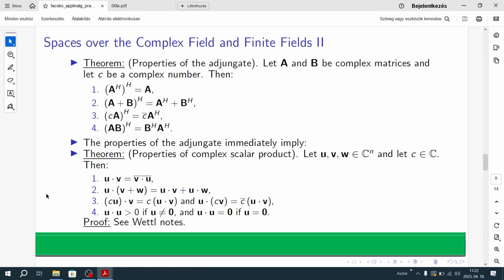Interesting. Multiplying by c, you get the conjugate of c multiplied by the Hermitian transpose of the matrix. The Hermitian transpose of the multiplication of two matrices is the Hermitian transpose of the second times that of the first. It's like the transpose. This is not proved even in the book.